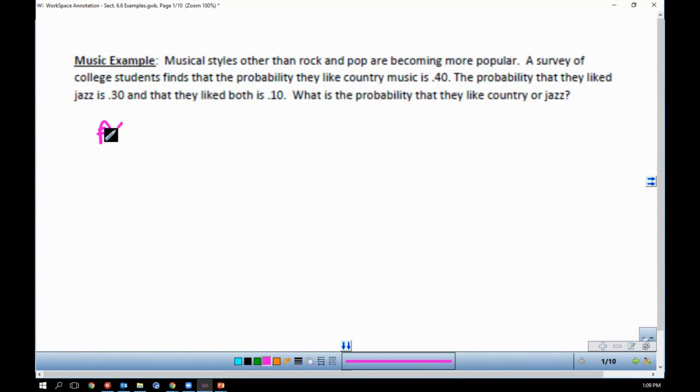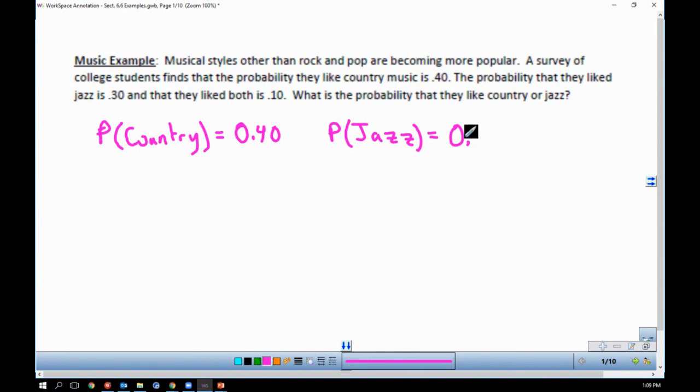So the probability that they like country is 0.4. The probability that they like jazz is 0.3.